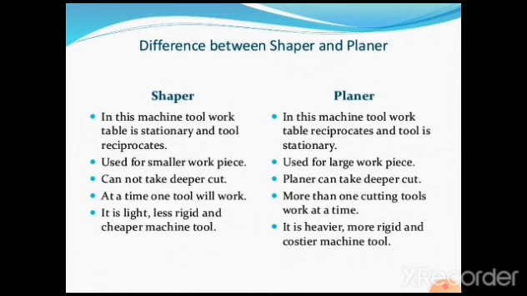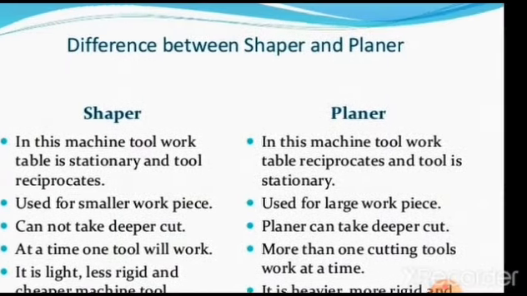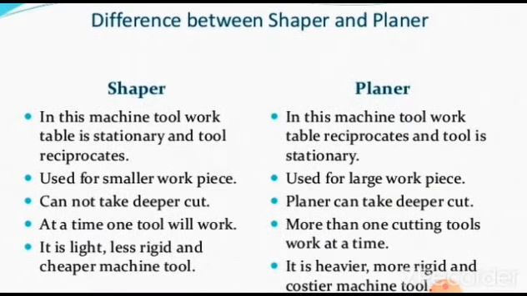In the shaper, the work table is stationary and the tool reciprocates. This is very, very important. We know in a shaper the work table is stationary, whereas the tool is made to move. In the case of a planer, it is exactly the reverse. In this machine tool, the work table reciprocates and the tool is stationary. You have to write clearly and correctly in the examinations.